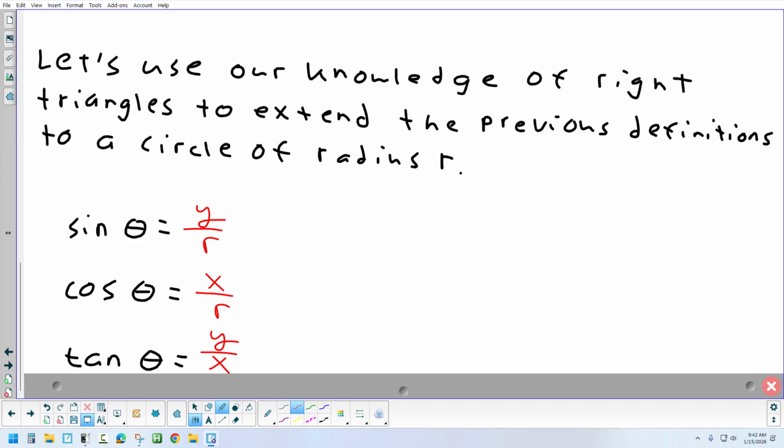Okay, and your cosecant is r over y, your secant is r over x, and your cotangent is x over y. So now those are the 6 trig functions on any circle, right? Because all we're really doing on a bigger circle is dealing with a similar triangle. That's what I'm trying to show you here.